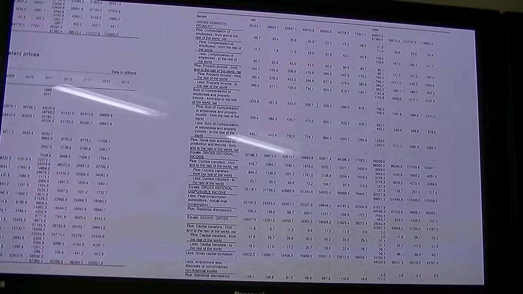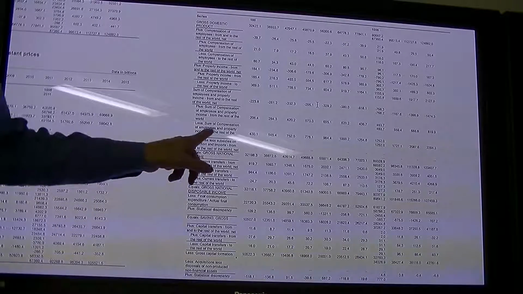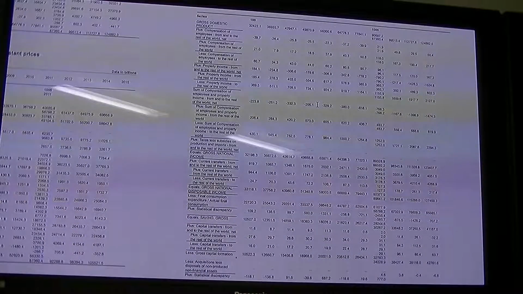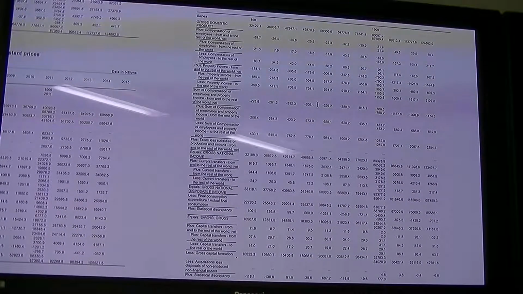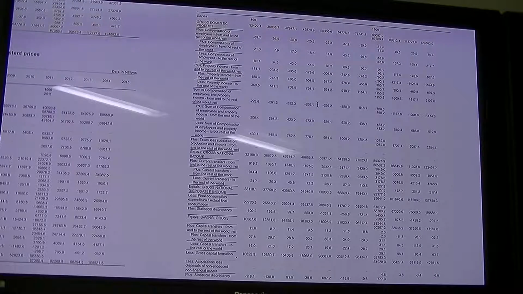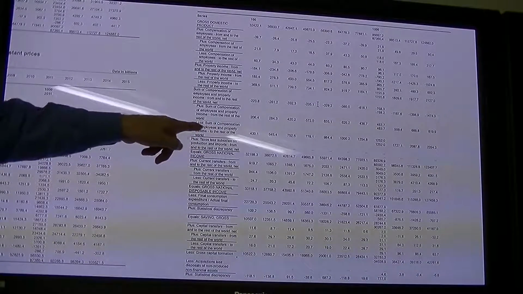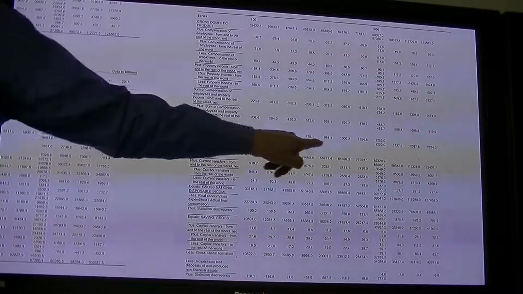And so that line is here. If you look at that data, you'll see a big increase between 1999 and 2008 in this sum of compensation of employees and property income to the rest of the world.